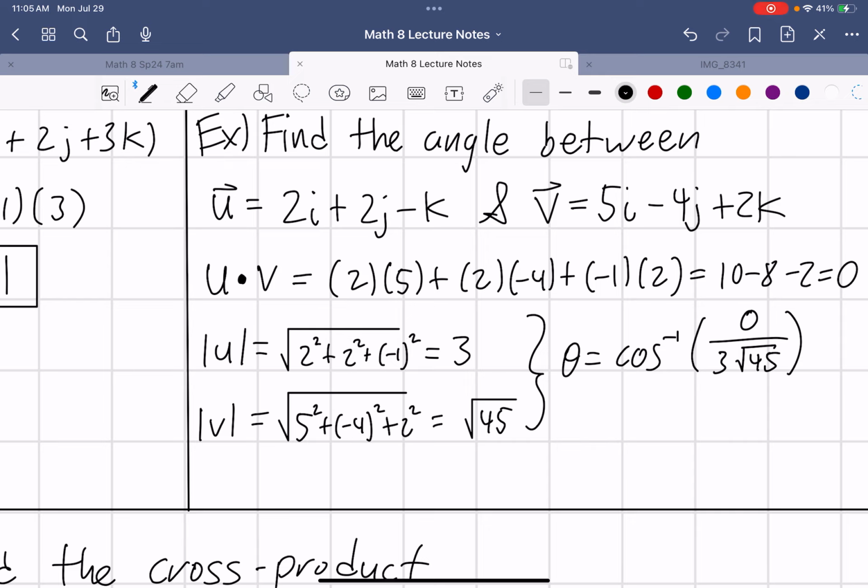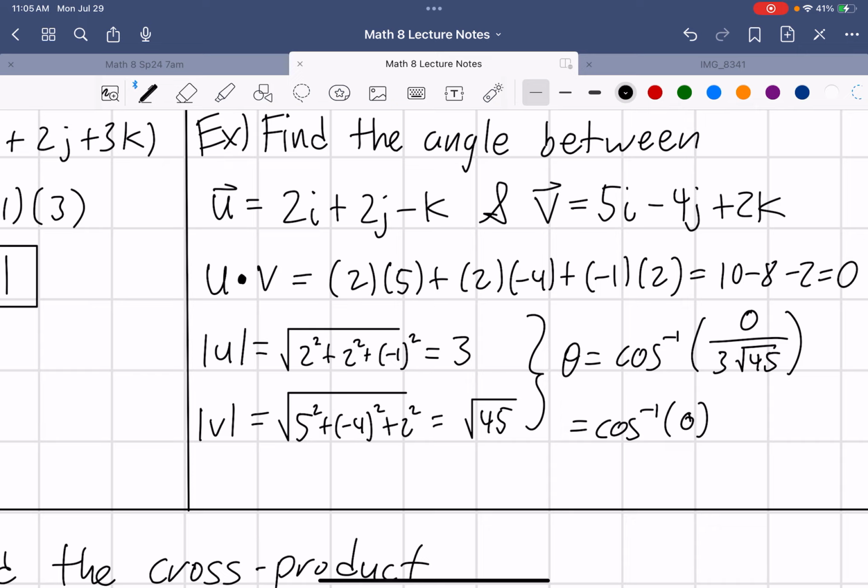And I probably could simplify 45 to a different radical, but because we have 0 in the numerator, I know this is just going to give us cosine inverse of 0.